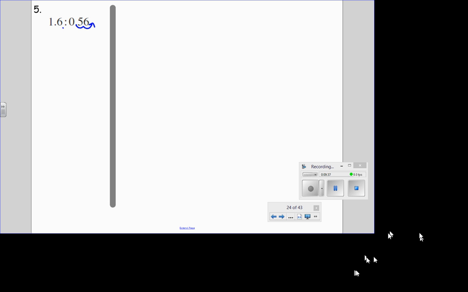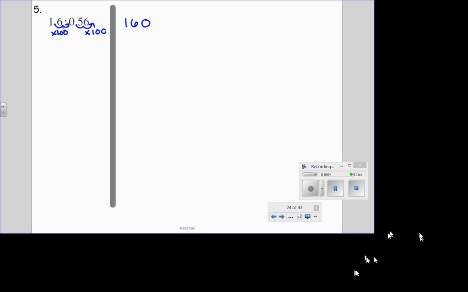But if I do that to the right-hand number, then I will have to do that to the left as well. Remember when you move your decimal 2 places to the right, you're really multiplying by a factor of 100 because that's your 2 zeros. So when we move our decimal 2 to the right, we really just multiply by 100. So by doing that, I now have 160.